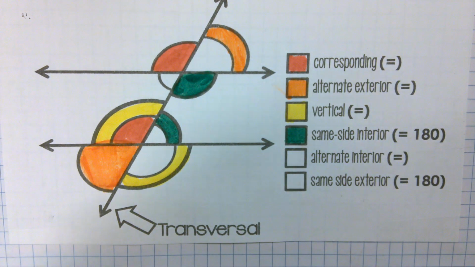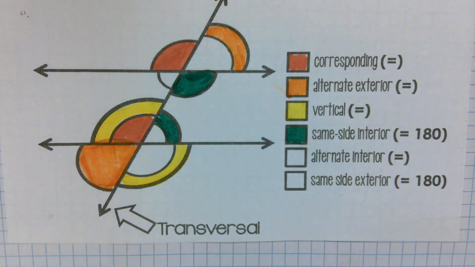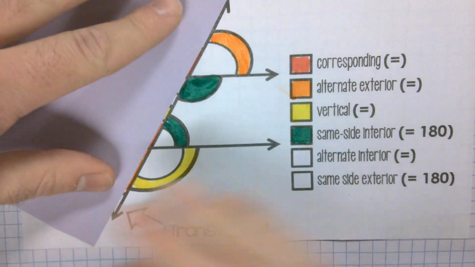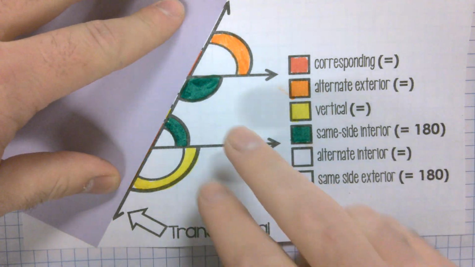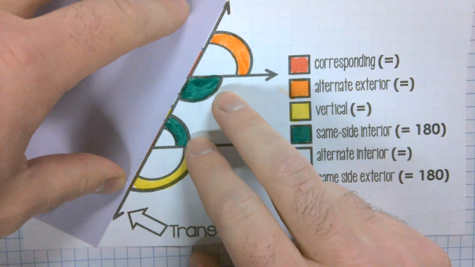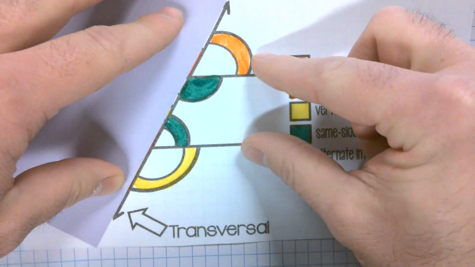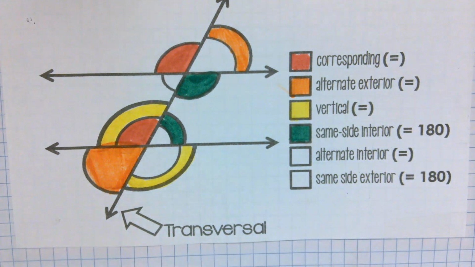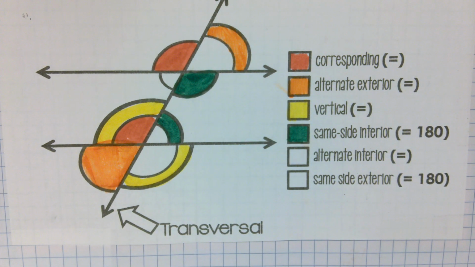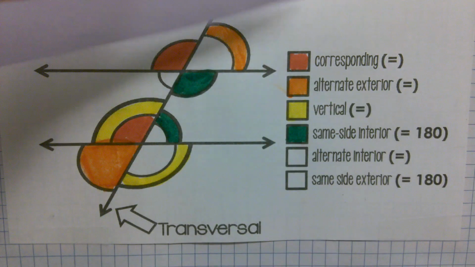These two angles in green are on the same side of the transversal. If we cover up the left side of my transversal, I see they're both on the right-hand side, same side, and they're on the interior of my parallel lines.